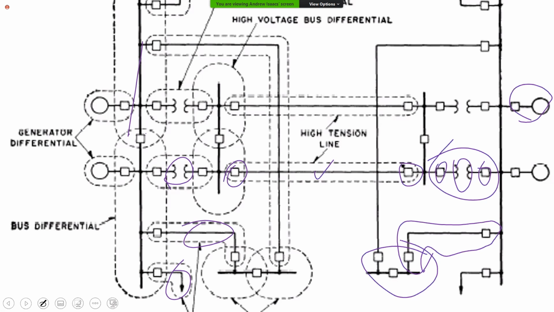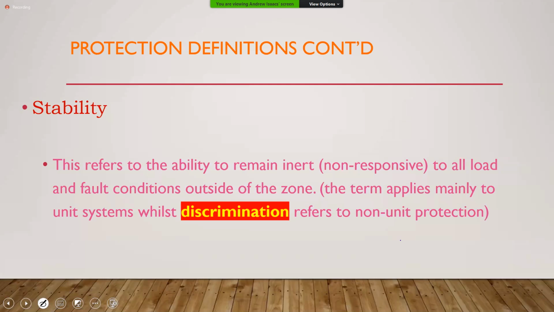All right, continuing with the definitions. Talk about stability. Now, earlier I just said to you that when we have a fault on a piece of equipment, all the relays in the system detect it.